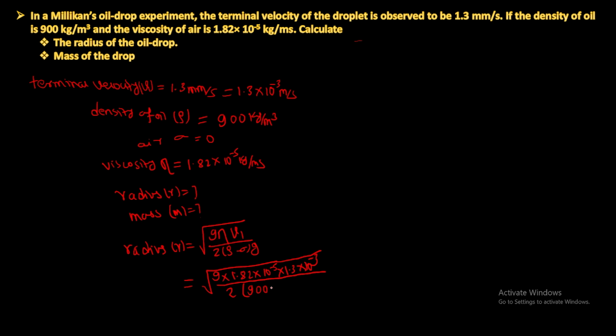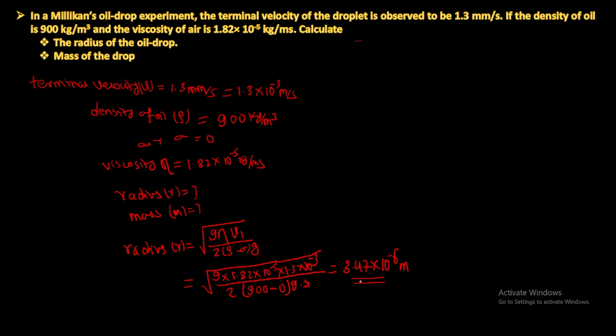Sigma is not mentioned, so we neglect it as 0, and 9.8. By calculating the numerical value here, we will get 3.47 into 10 to the power minus 6 meter. This is the radius of the given oil drop.